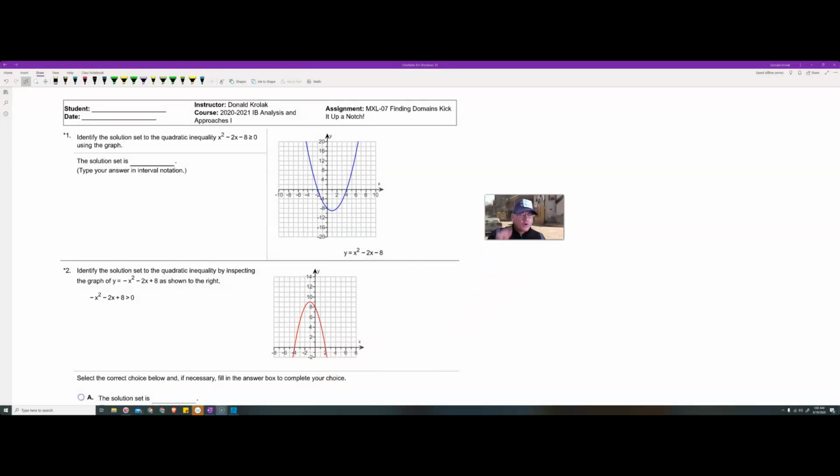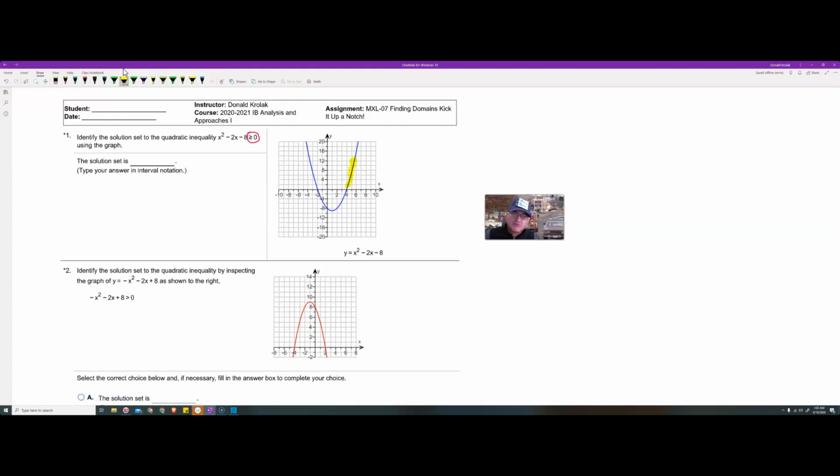All right, our first question is asking, identify the solution set for the quadratic inequality. Now you can do it by looking at a graph. This question is asking you, where is the graph greater than or equal to 0? Well, a graph is greater than or equal to 0 if it's above the x-axis.